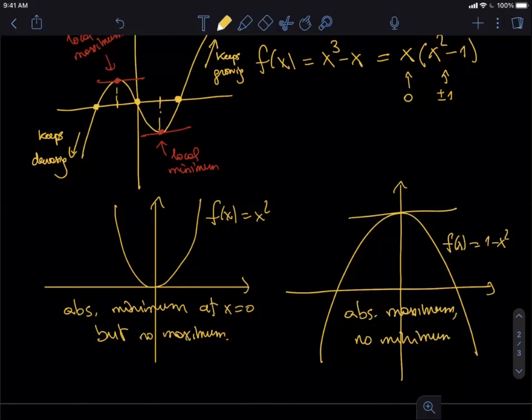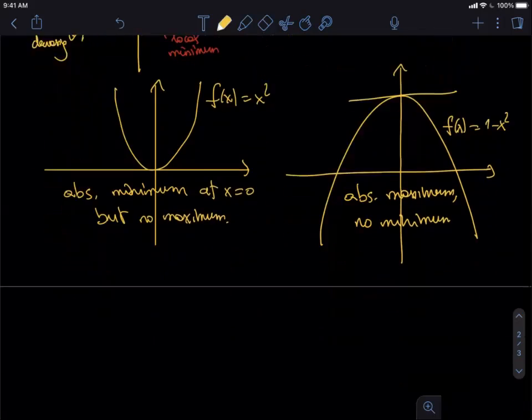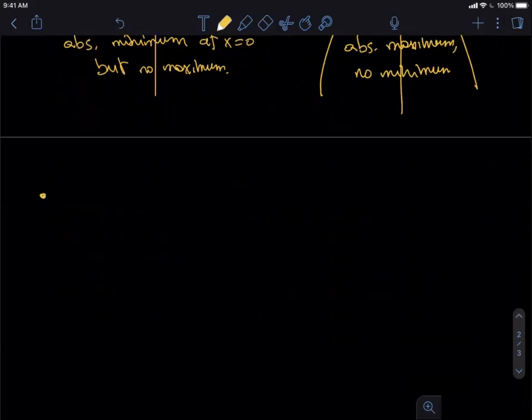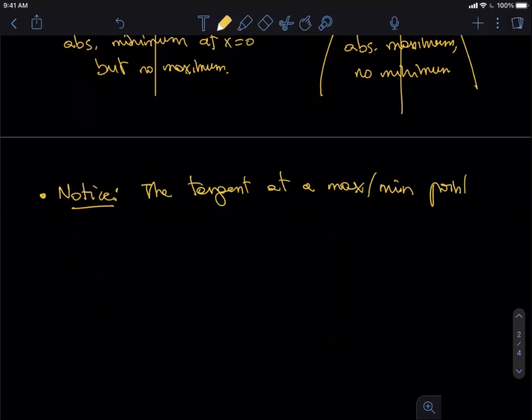Now, you may have noticed something here. How is the tangent at the points where there is a minimum or a maximum? It's a horizontal tangent. Okay, the tangent at the maximum or minimum point is horizontal.